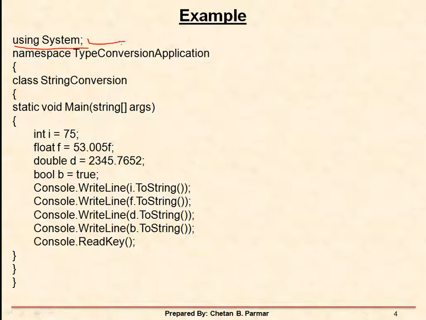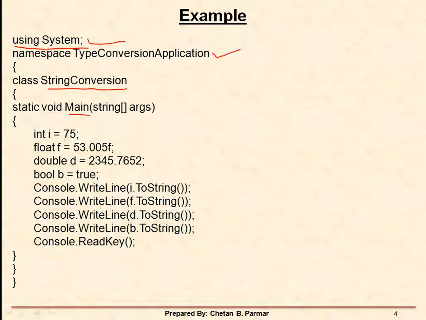Then the namespace is TypeConversionApplication, so I am including the namespace here also. This is optional, not a mandatory part; if you want to ignore it, you can ignore it. Not an issue. Then this is the class, named StringConversion. Then the void Main method is available.